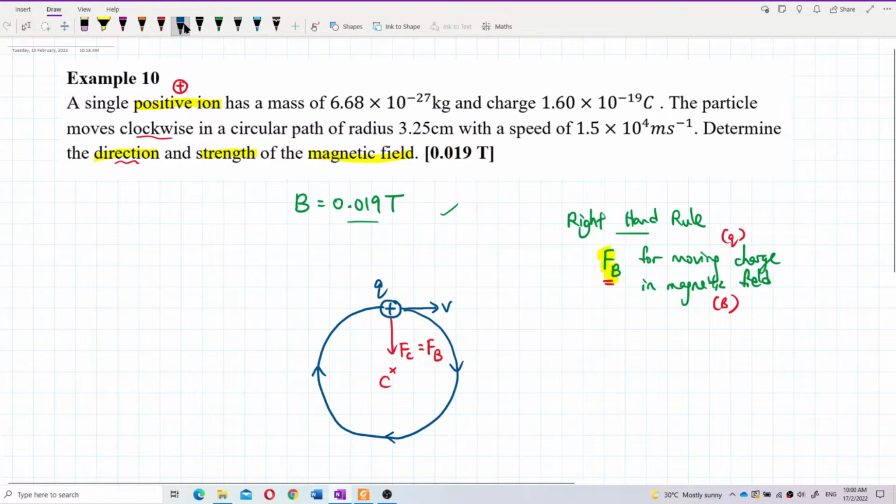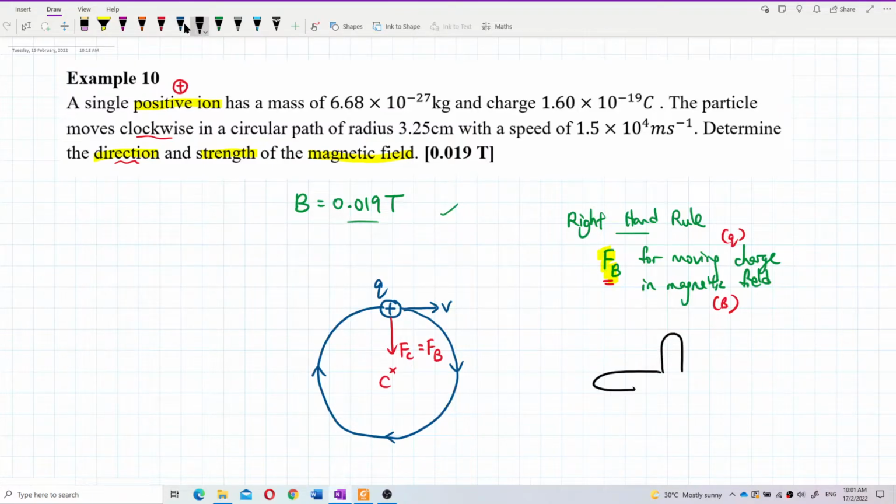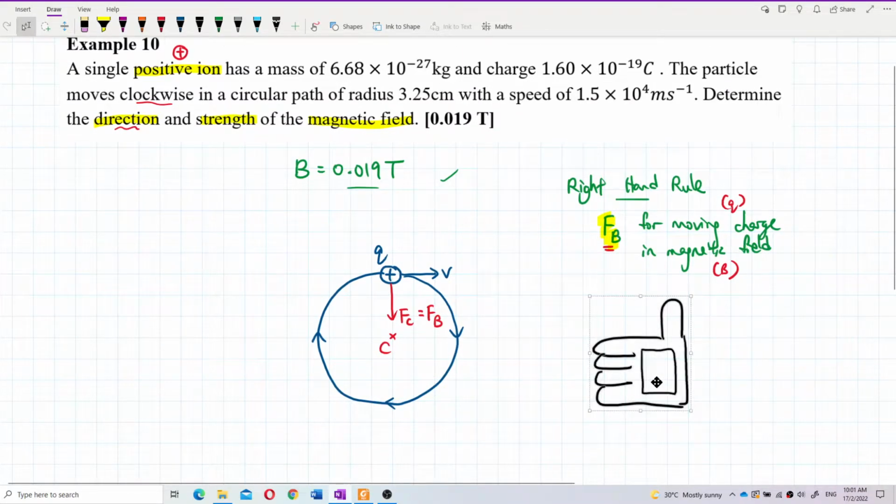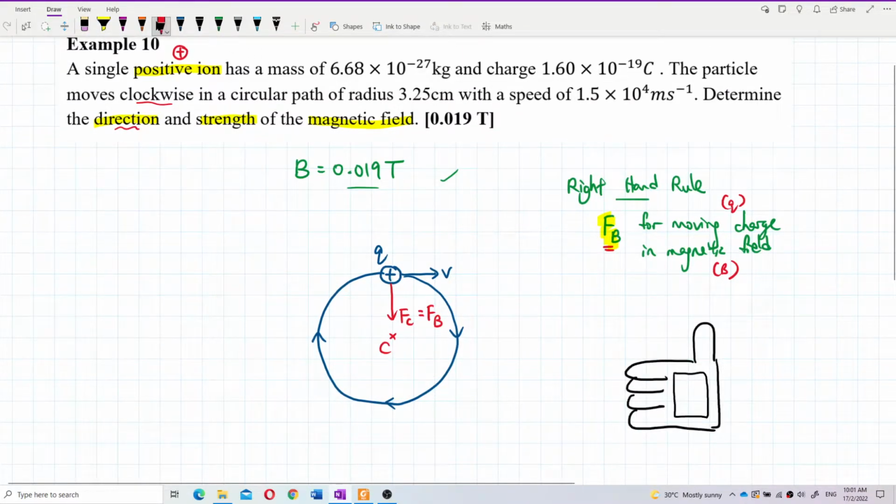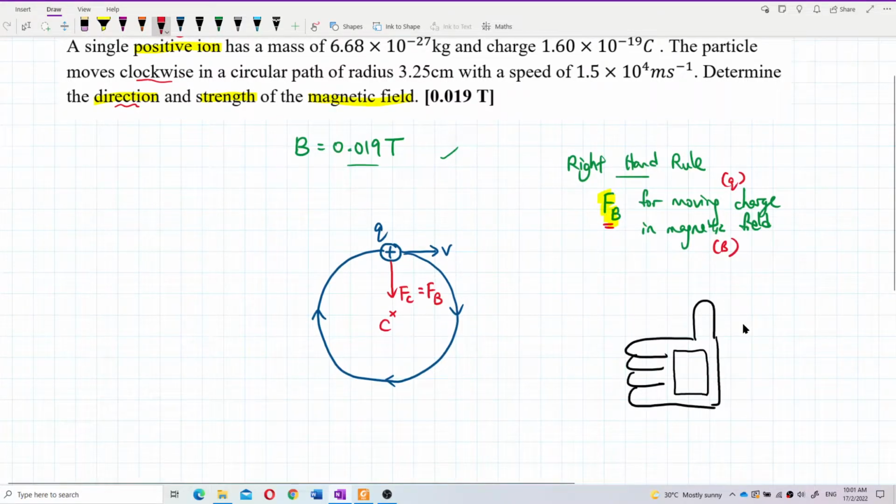So let me draw our right hand. This is our finger, this is our palm. How do we determine the direction? The forefinger shows the velocity, the palm shows the magnetic field, and the thumb is the magnetic force.